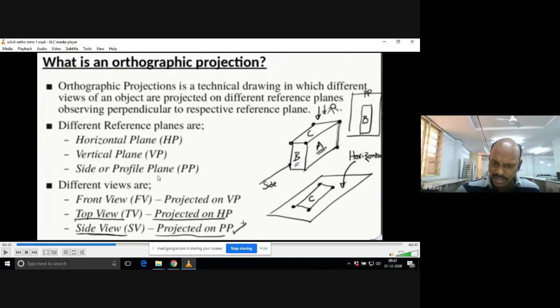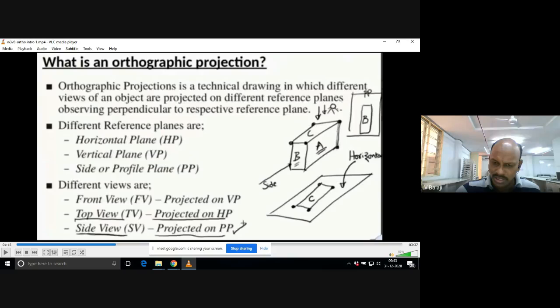Again, I am repeating that HP, assume it as the ground, because we need to relate all these concepts to real-time problems. You are standing on the ground; that ground floor we call the horizontal plane. In front of you there is a vertical wall, which you call the vertical plane, and the object is kept between you and the vertical plane.